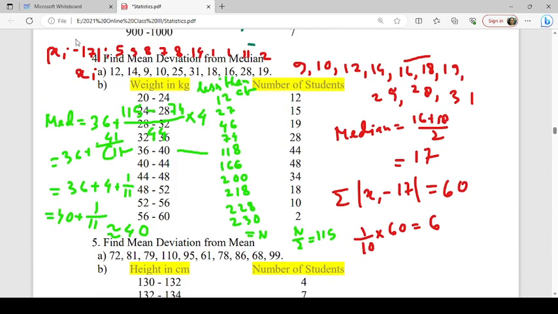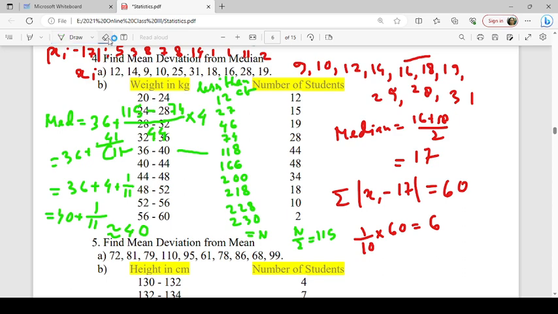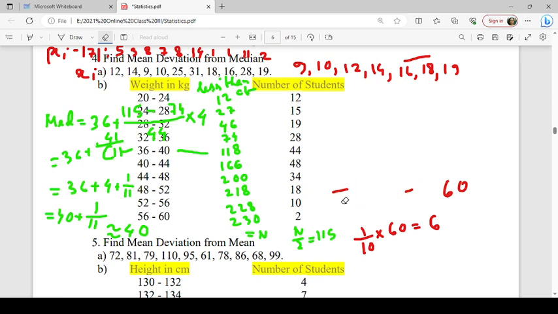So erase this one, and make one column here, modulus xi minus 40.